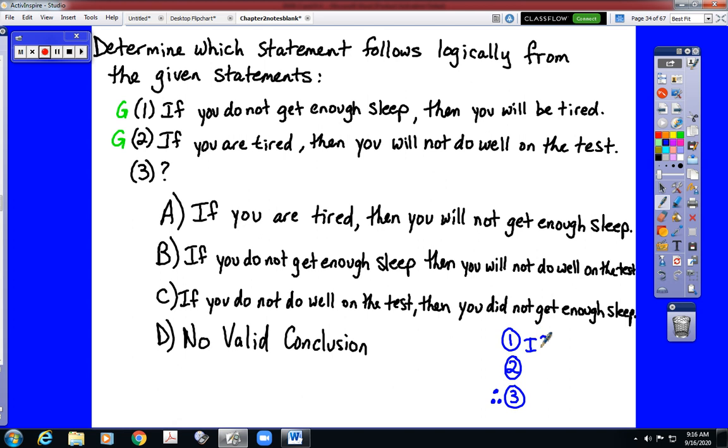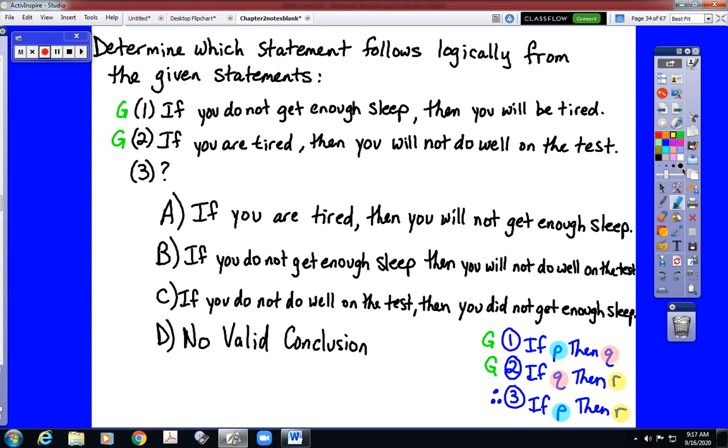The first given is if P, then Q. The second given has to be if Q, then R, which would then allow you to draw the conclusion if P, then R. And again, it has to follow that pattern exactly. It cannot deviate at all from that pattern. Your first two statements, your givens, have to match that pattern.